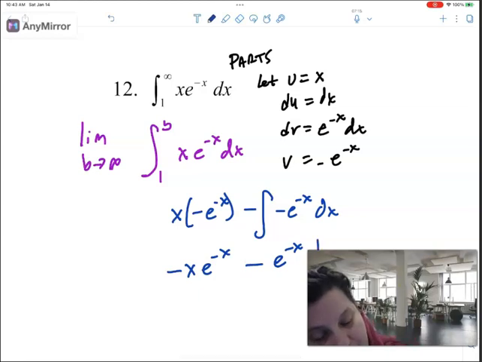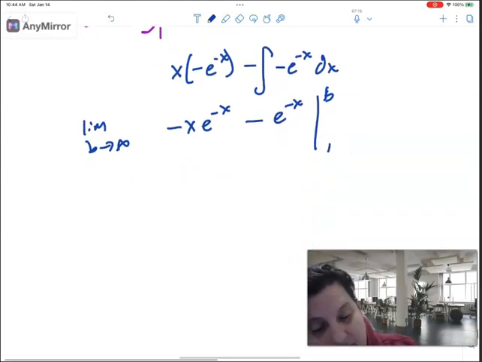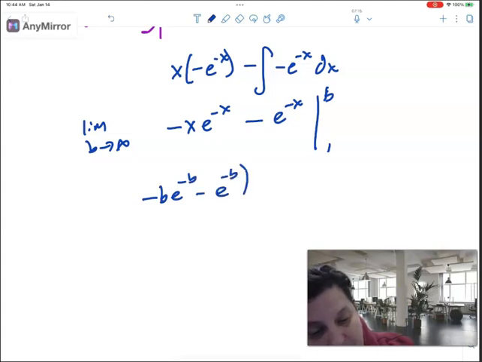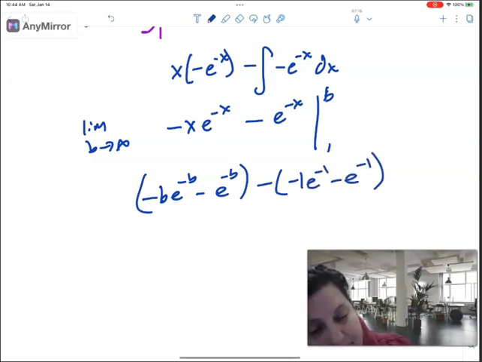We're evaluating it from 1 to b, limit as b approaches infinity. So I would do negative b e to the negative b minus e to the negative b, and negative 1 e to the negative 1 minus e to the negative 1.